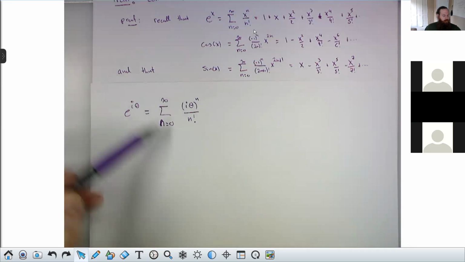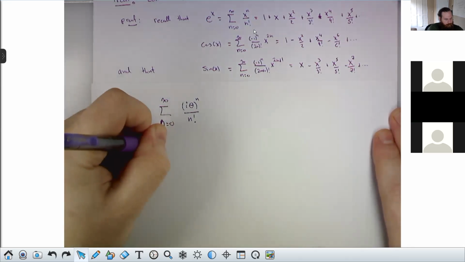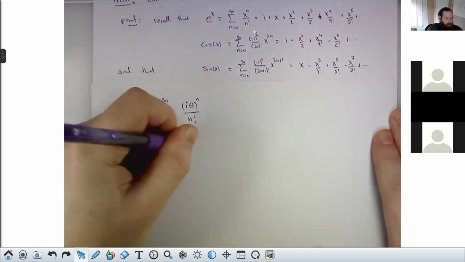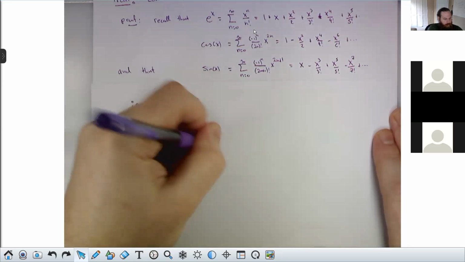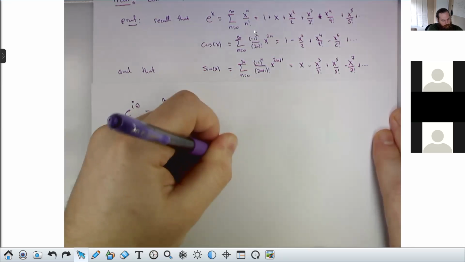Now I'll start writing the terms of this series out. This is i theta to the 0 over 0 factorial plus i theta to the 1 over 1 factorial plus i theta to the 2 over 2 factorial.